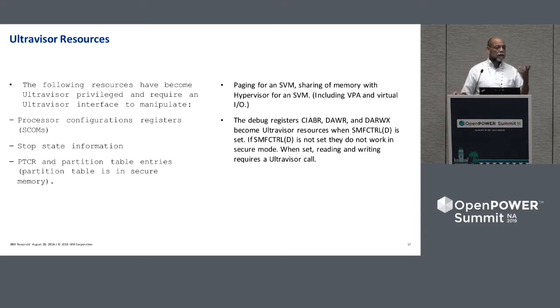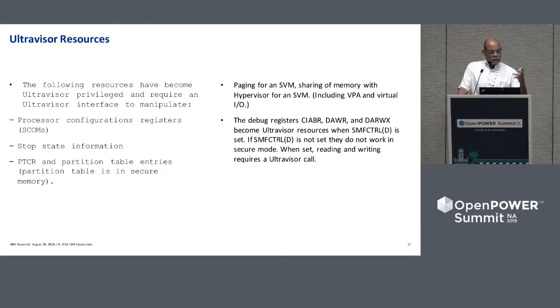And sometimes the hypervisor wants to do things, but those registers control some interesting features which can allow bad things to happen. So what's going on is, if the hypervisor wants to do something, the ultravisor looks at the request, and if it believes the request is okay, it does it, and if it doesn't, it goes back to the hypervisor without doing the request.